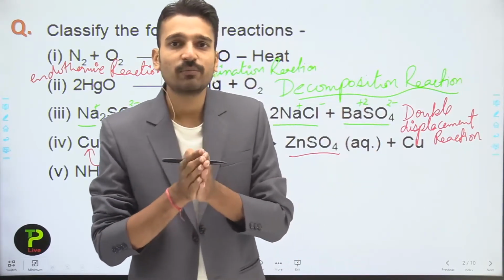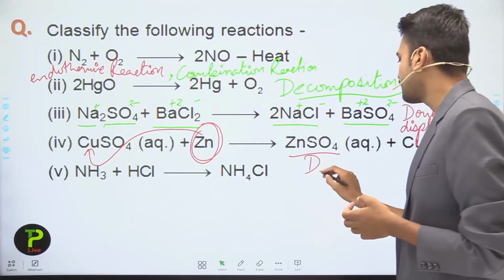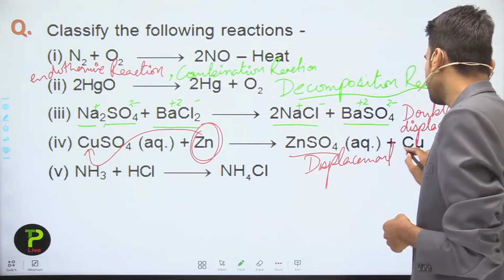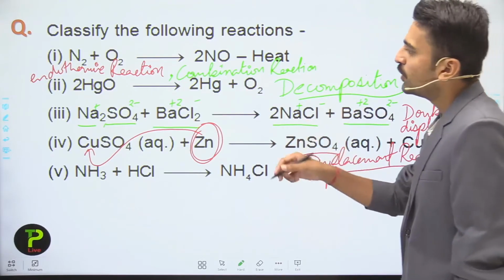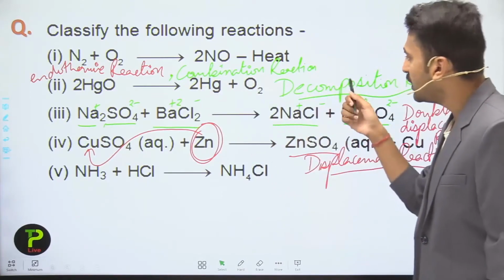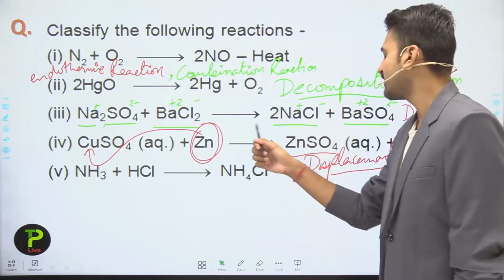So this particular example is a displacement reaction. So you have classified the first as an endothermic and combination reaction, the second as a decomposition reaction, the third as the double displacement reaction, and the fourth as the displacement reaction.